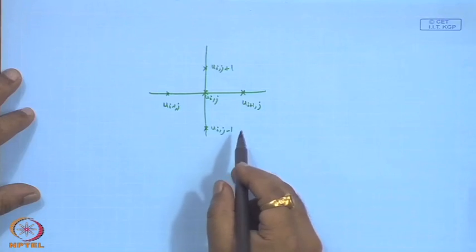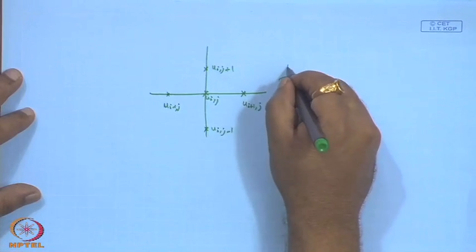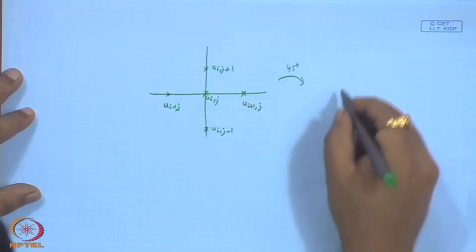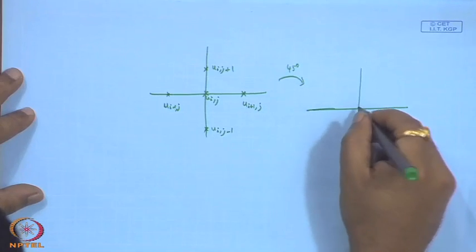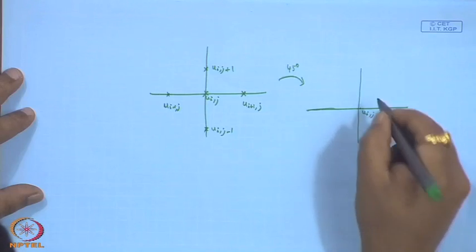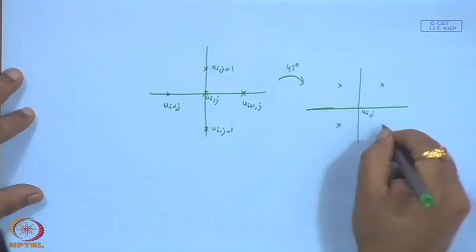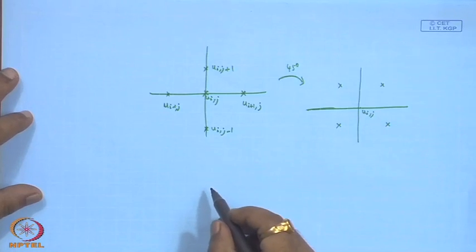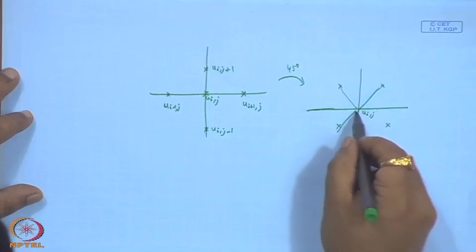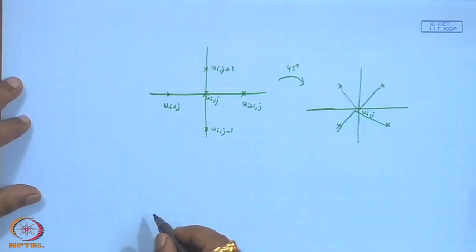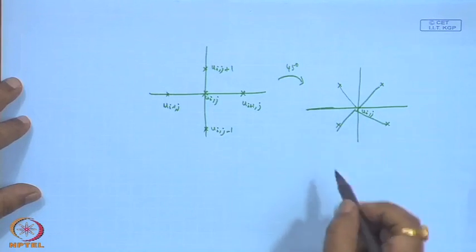Okay. So, if you rotate by 45 degrees, then it should expect something here, something here and something here and something here. Okay. So, this formula is the diagonal 5-point formula.